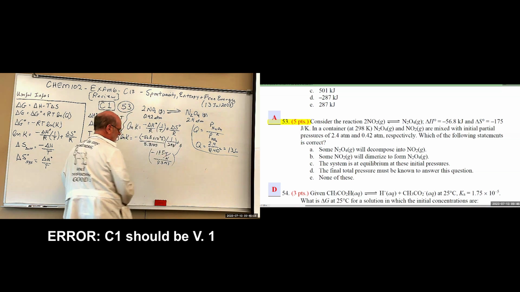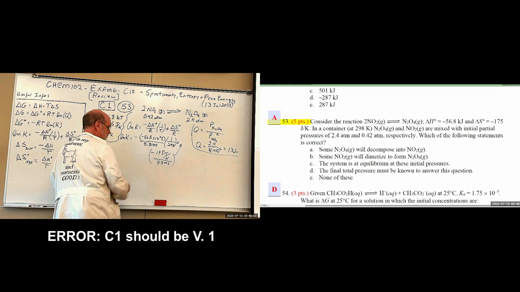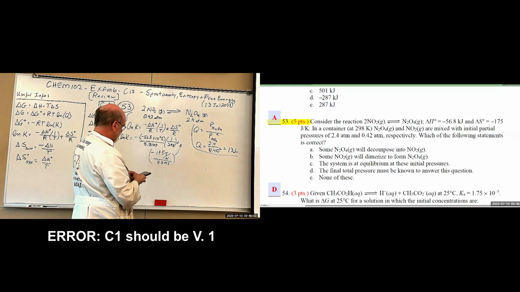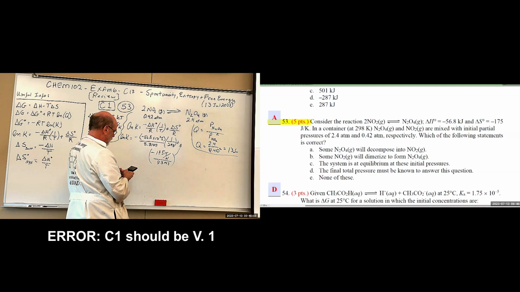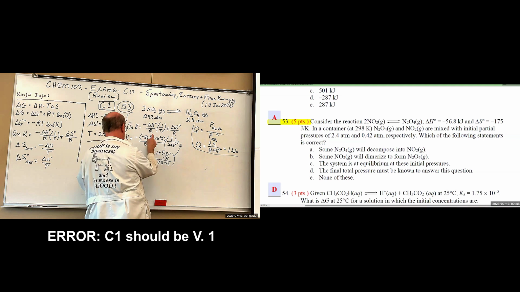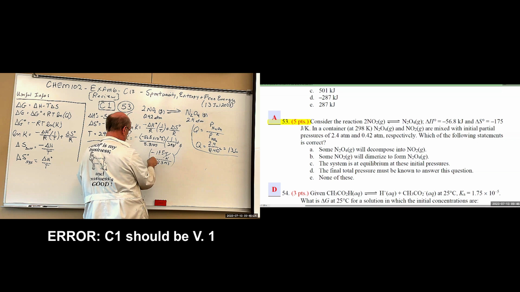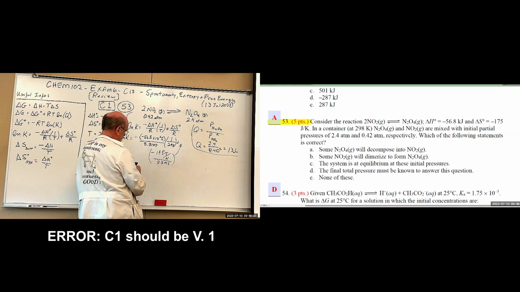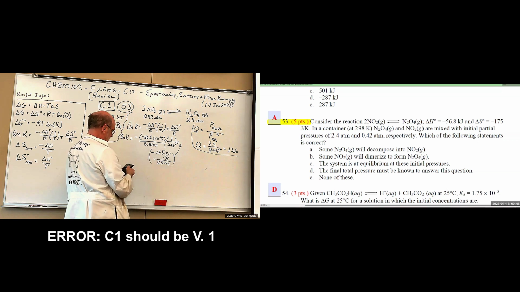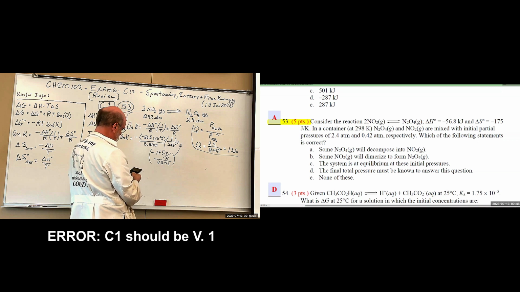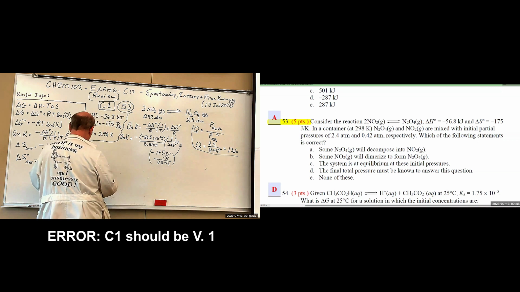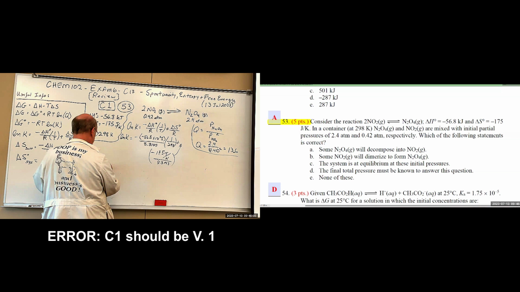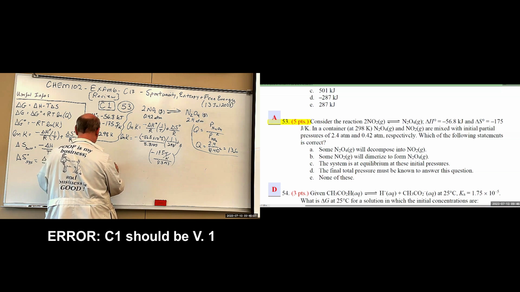So what's this term? This is a negative term. 175 enter and 8.3145 divide. This is 21.0. This is 22.6. And this is a negative 21.0. So I just need to subtract those two. And this gives me log K, 1.554.